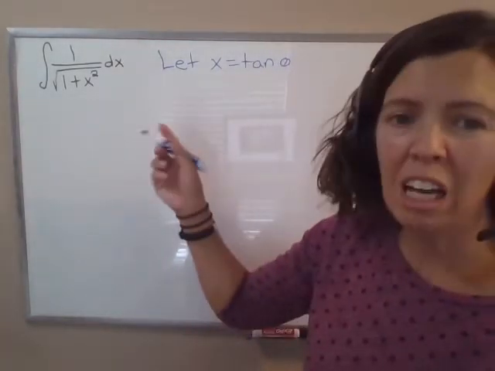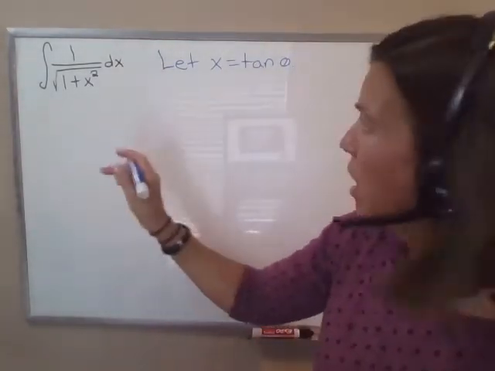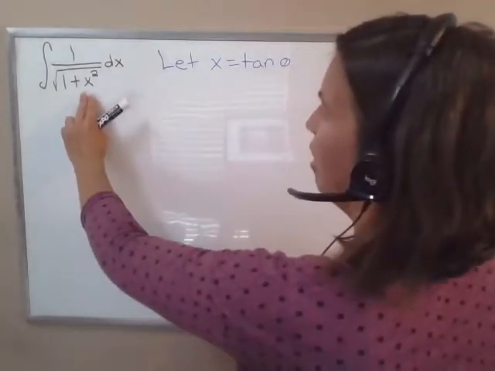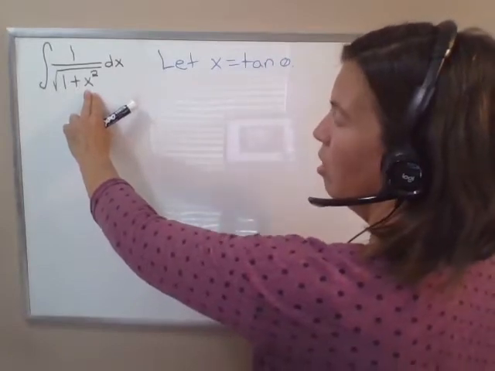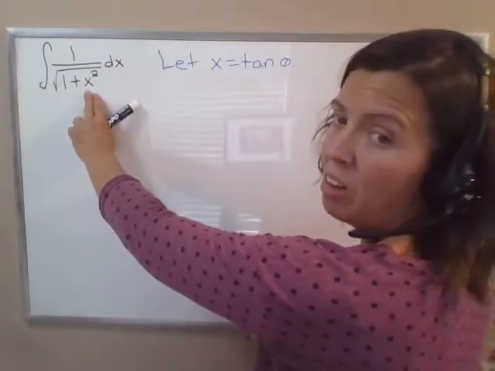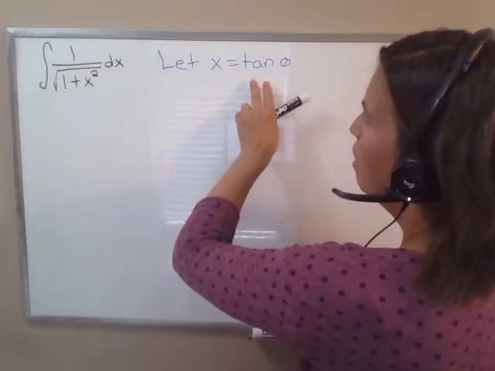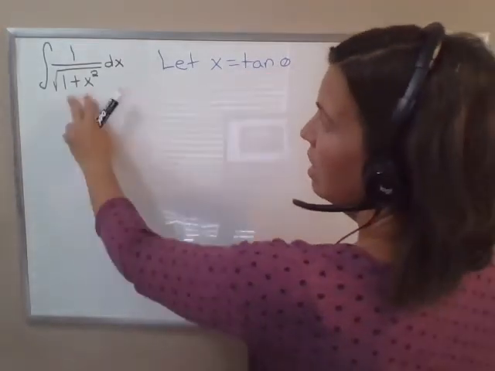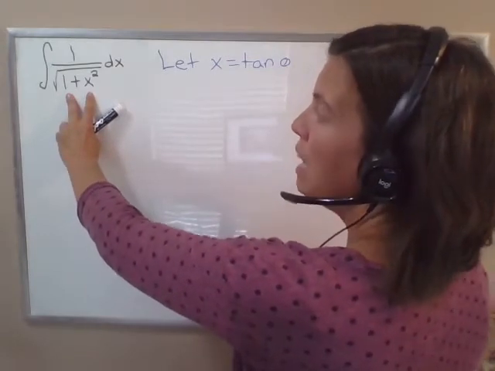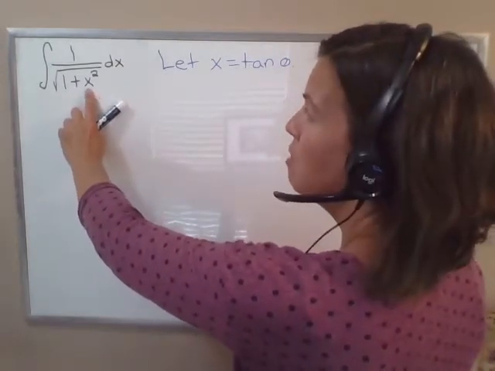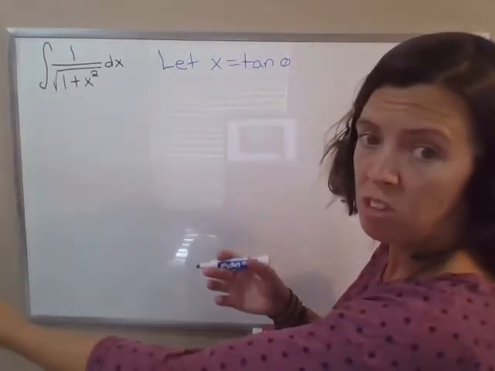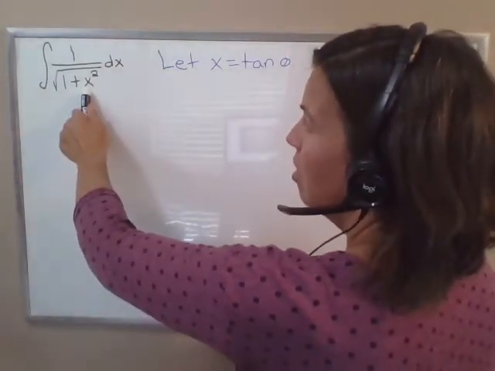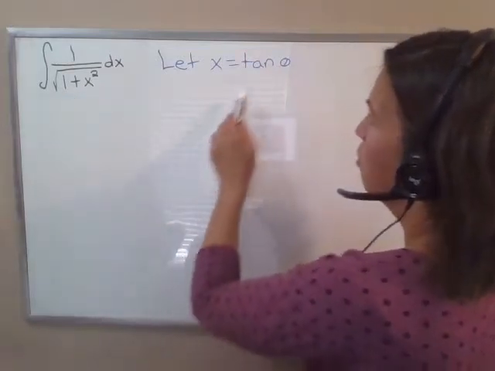The idea is you can actually let x equal whatever you want. Ideally, whatever values of x are allowed in the domain of this integrand, we would want to be able to generate the same values with the function that's replacing it. In this case, x can be any number, because when you square it, it's going to be something positive plus 1. You'll have a positive number under the radical. So the domain here is all real numbers. x could be any real number.